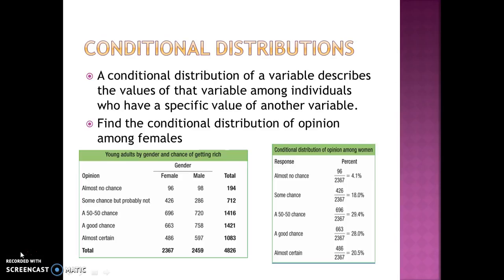So 96 over this time 2367, because I don't care about the males at all. I just want the column of females. And I go through and do them all, each opinion for just the female column.